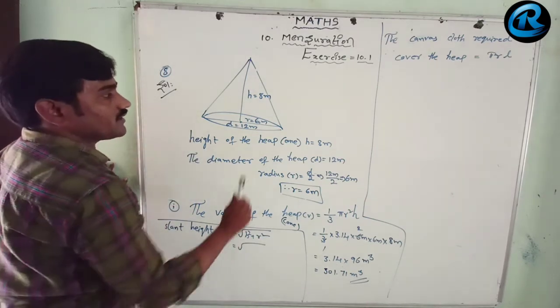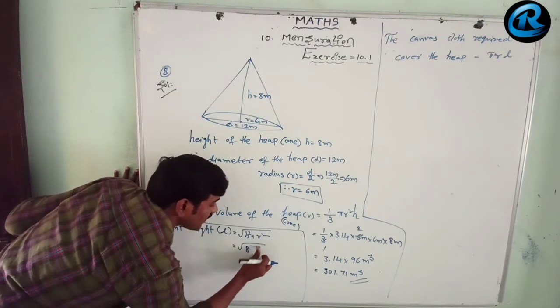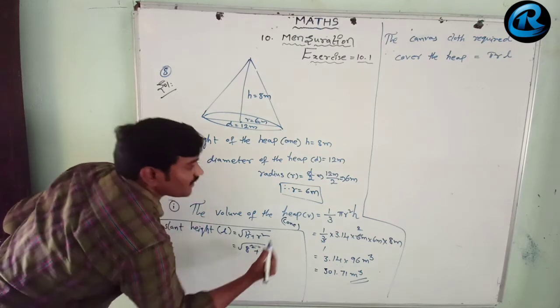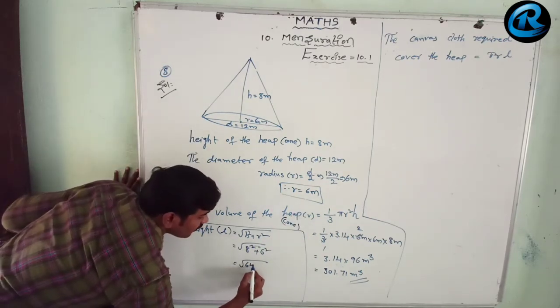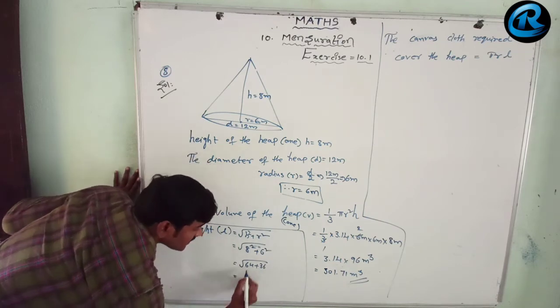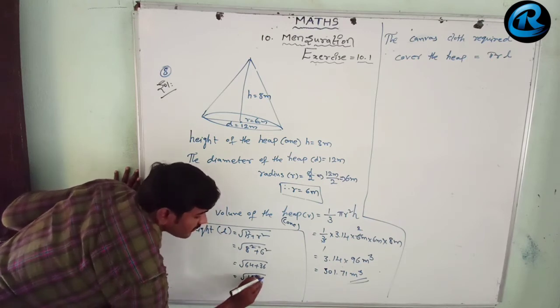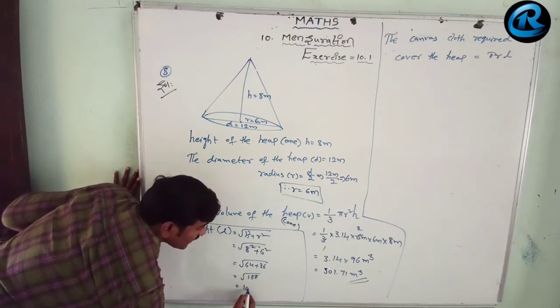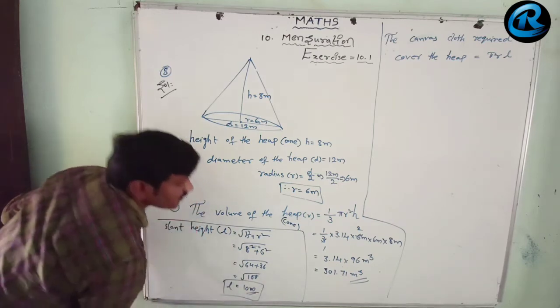H is 8 meters, so 8 square is 64, plus r square, that is 6 square, which is 36. Now 64 plus 36 is 100. Under root of 100 is 10 meters. So slant height l equals 10 meters.